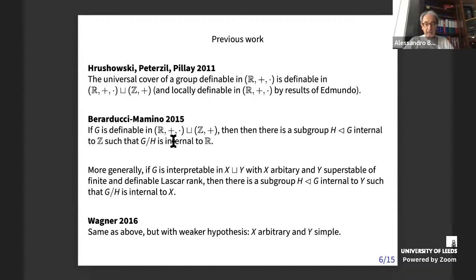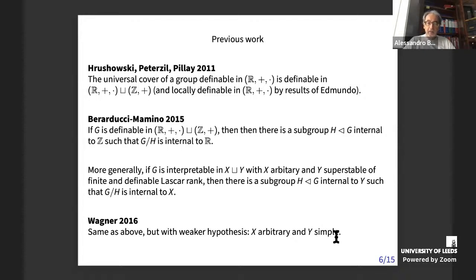And more generally, instead of the reals, you can take an arbitrary structure. Instead of the integers, you can take a superstable structure of finite Lascar rank and definable Lascar rank. And actually, Wagner generalized and strengthened this further, and actually it's enough that X is arbitrary and Y is a simple structure.